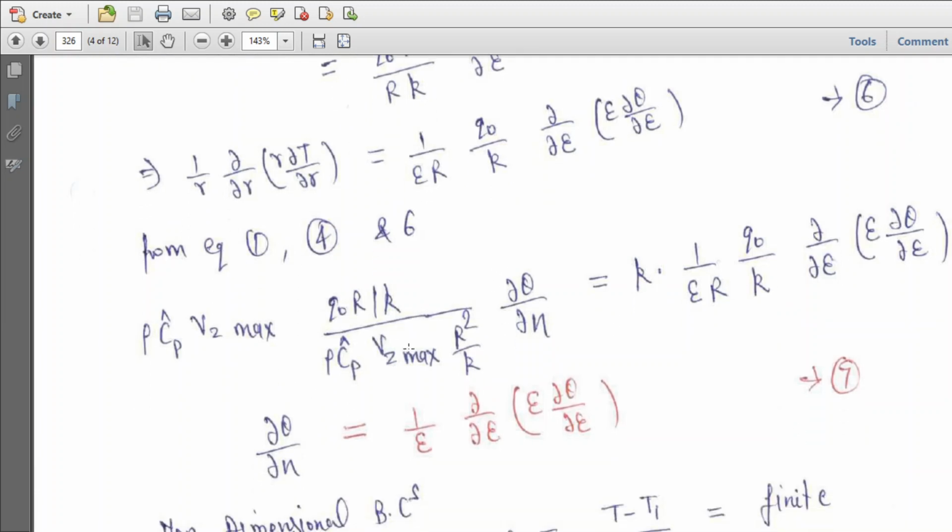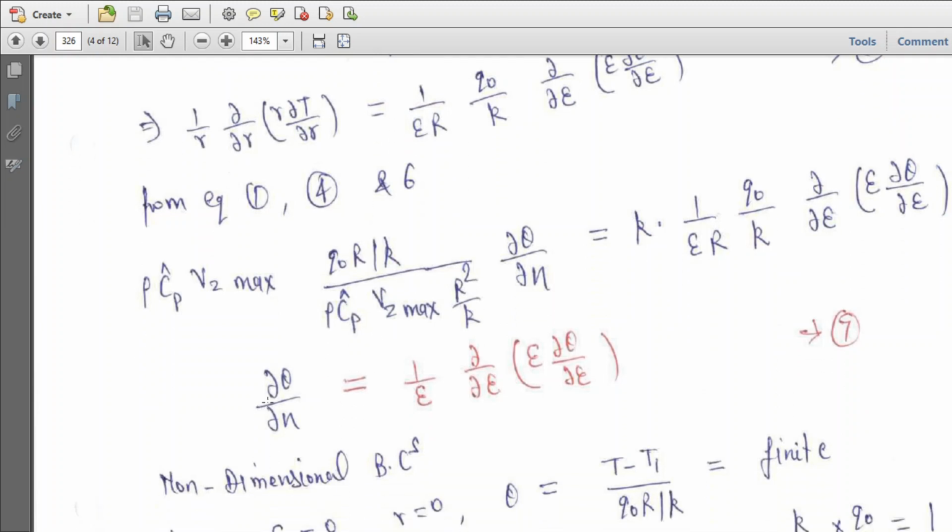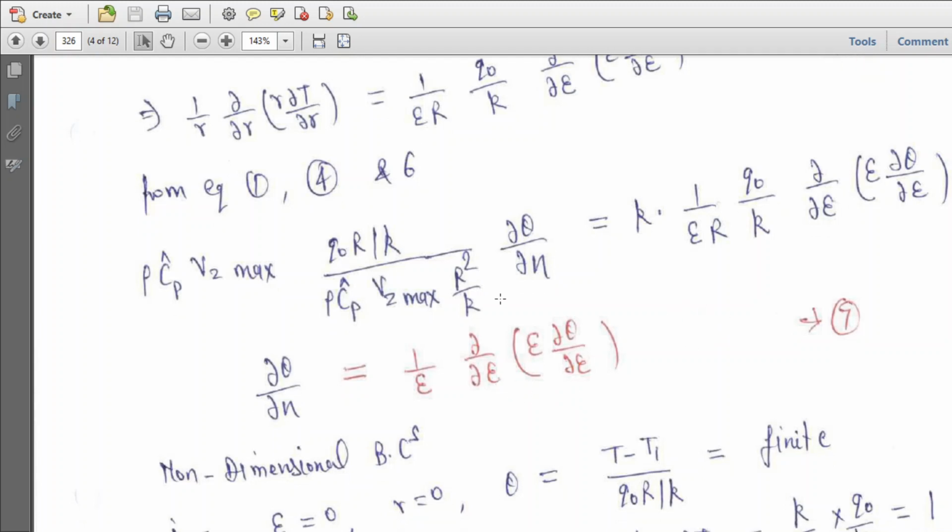By simplification of that, we end up with ∂θ/∂η equal to 1/ε ∂/∂ε (ε ∂θ/∂ε). So this is the equation which needs to be solved.